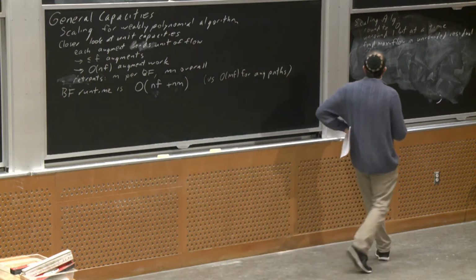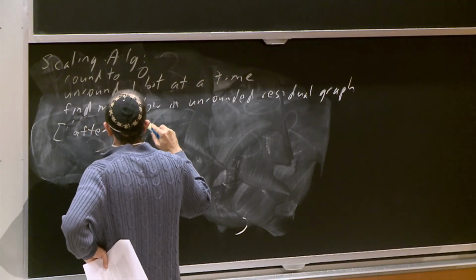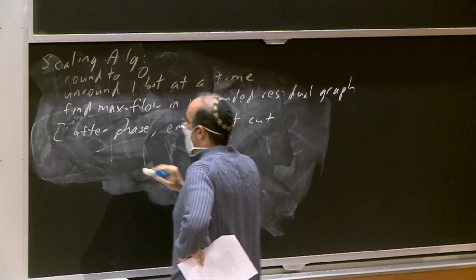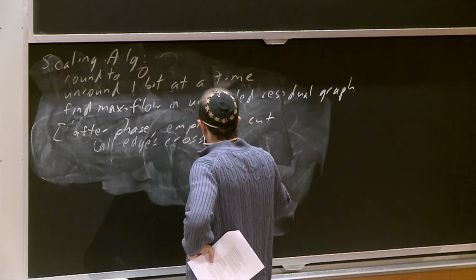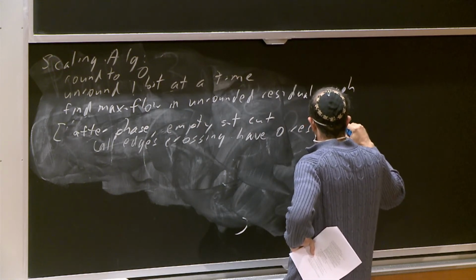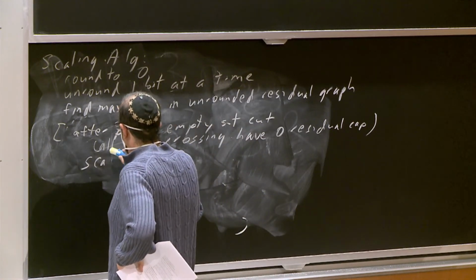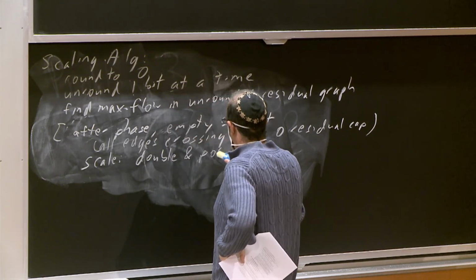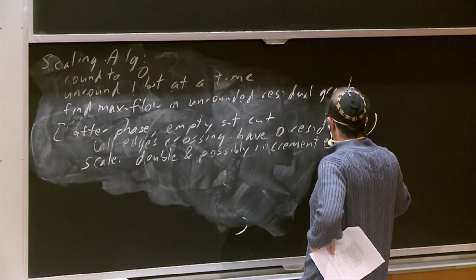So after a phase, we have an empty cut, which is to say that all of the edges crossing it have 0 residual capacity. Now we scale, which means that we double and possibly increment each edge.